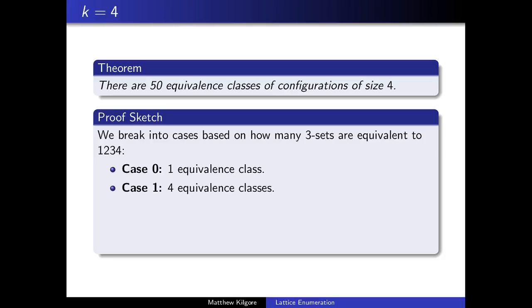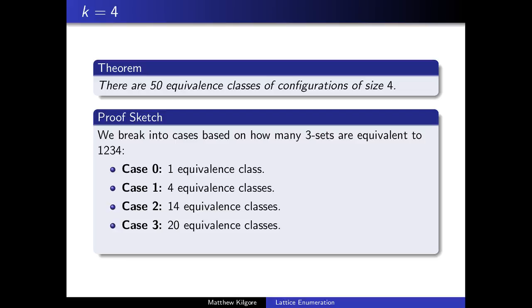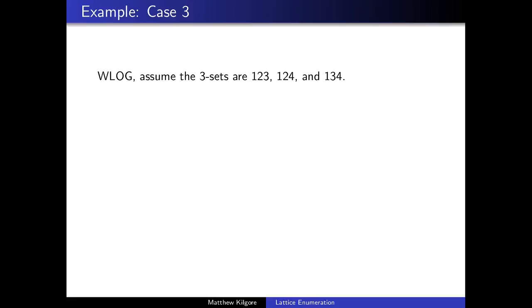If 1 is equivalent to 1234, we get a grand total of 4 equivalence classes. For 2, we get 14. For 3, we get 20. And for 4, we get 11, for a nice grand total of 50. Now, I'm not going to go through each one of these cases, but I will show you case 3.